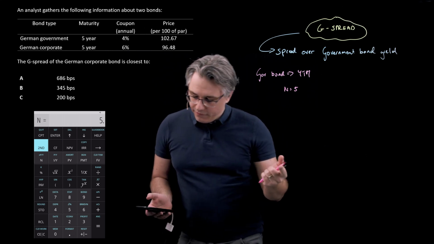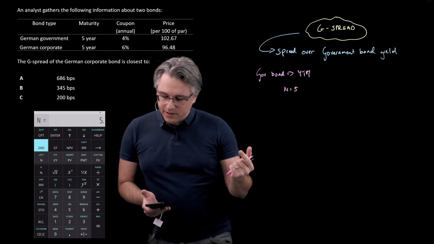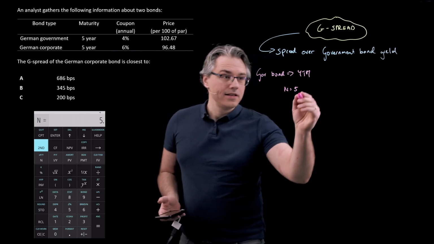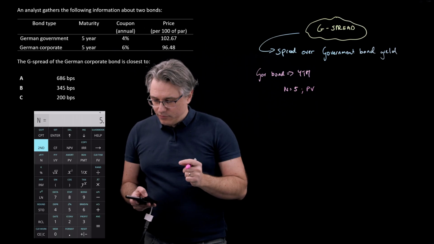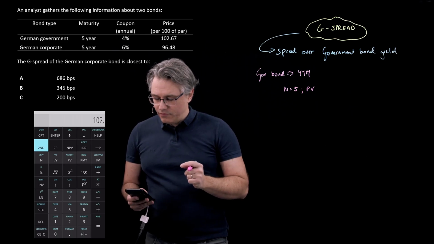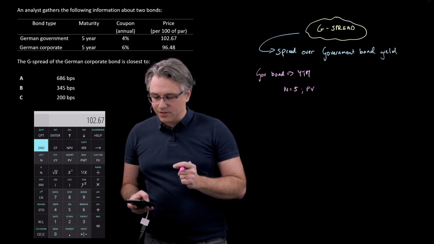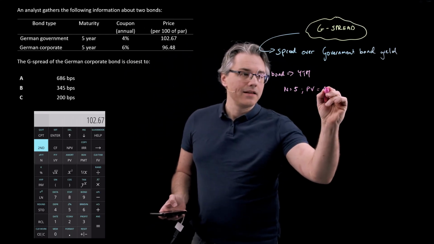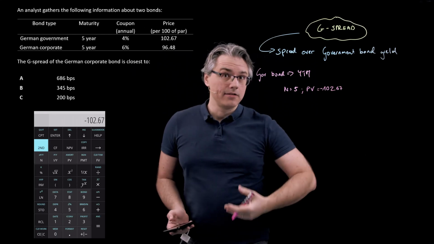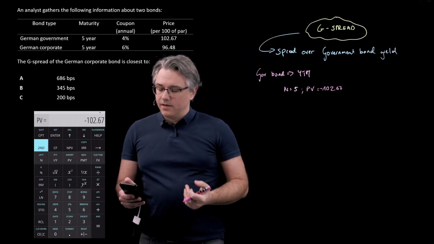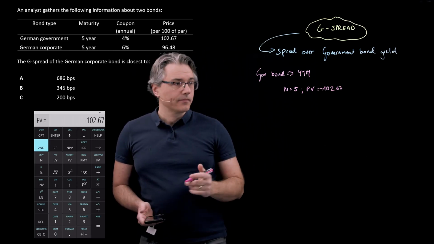Now, the next thing I want to do is tell the calculator what the price of the bond is, and that's going to be the PV. 102.67 for the government bond, 102.67. However, make this a negative value so as to tell the calculator it's the price we're paying. So PV, that's the parameter.